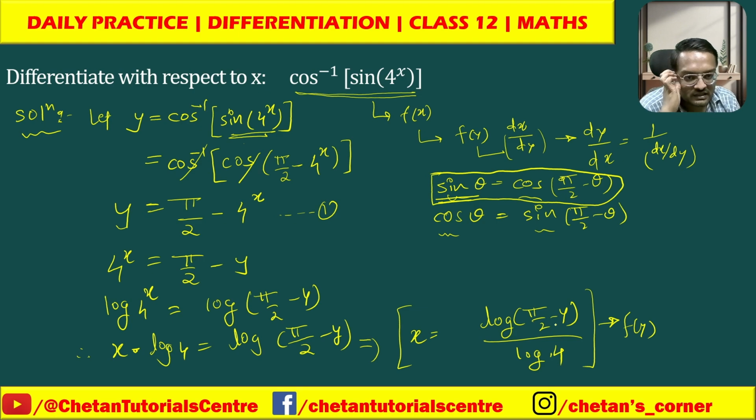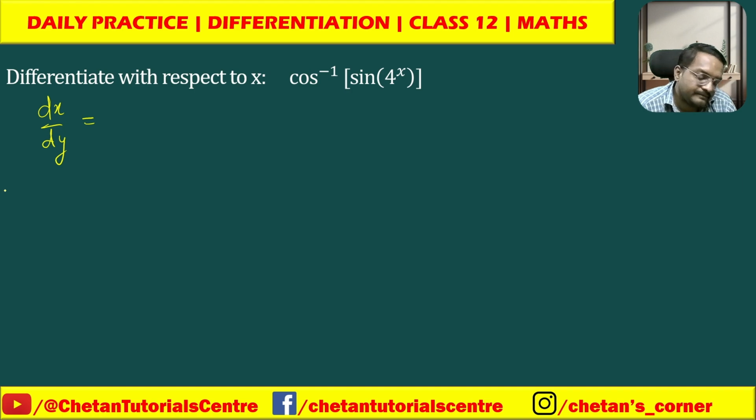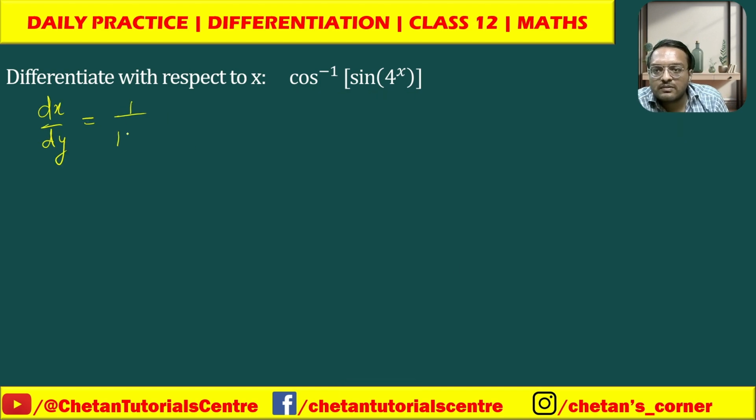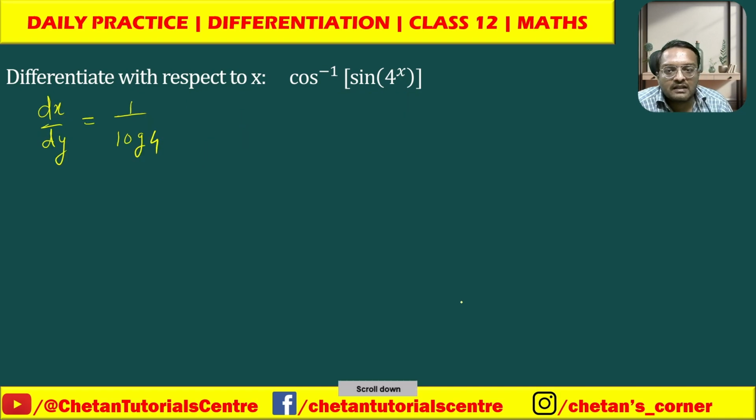Now we will differentiate this function of y. Then what we will get? dx by dy is equal to, this 1 upon log 4 will be common. So 1 upon log 4 is a constant, so I will take it outside. Then I will differentiate log of pi by 2 minus y.